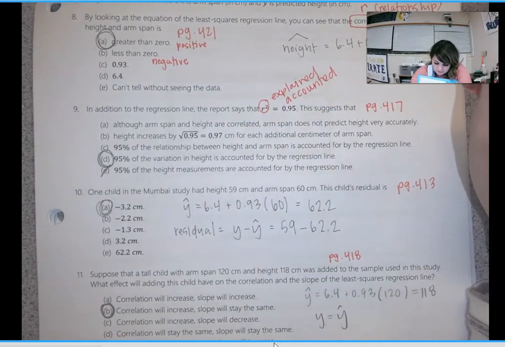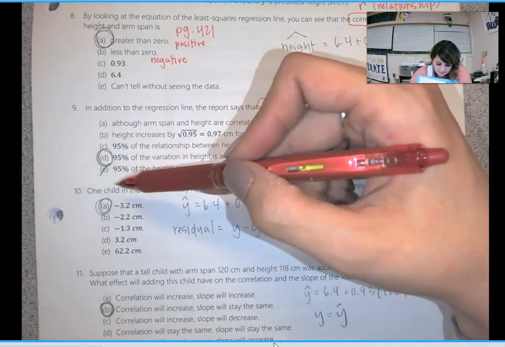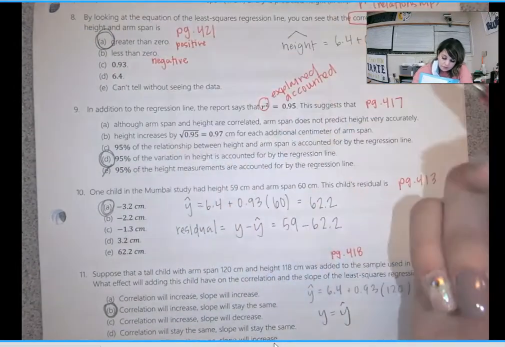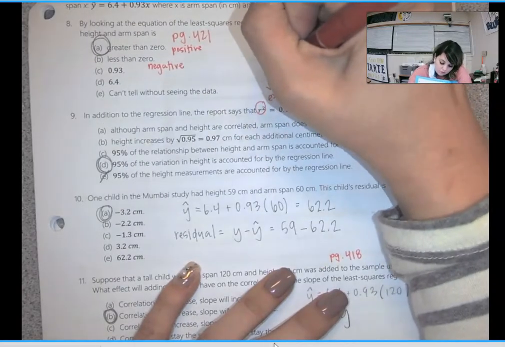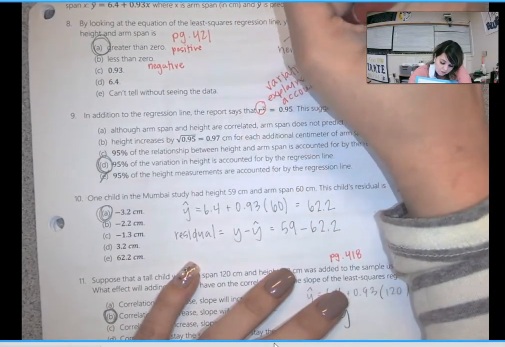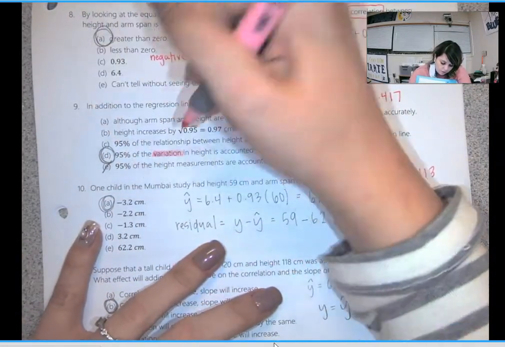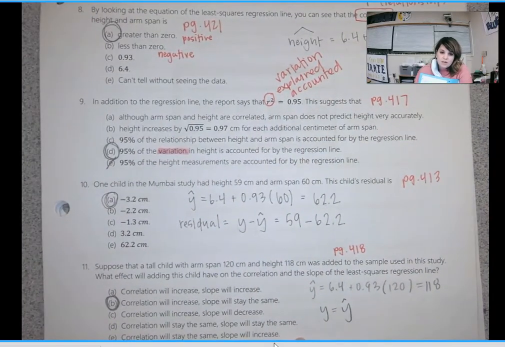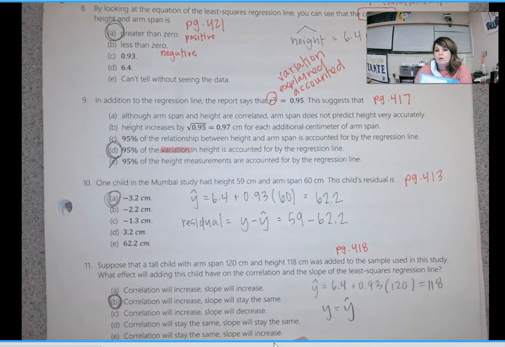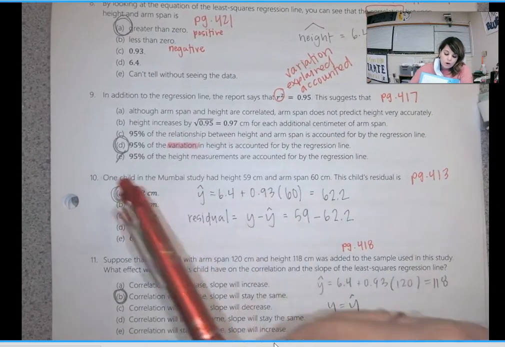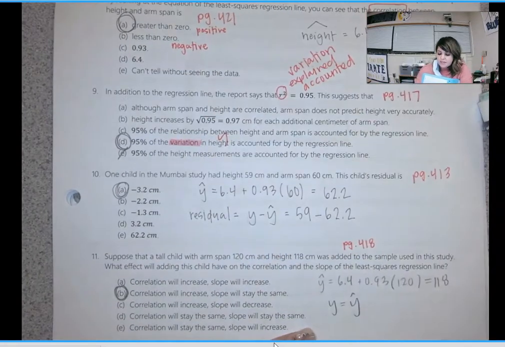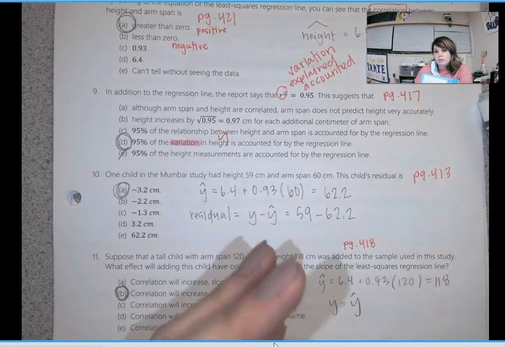And now this gives me C, D, and E as options. So then the last thing, or even maybe the first thing you could have looked for, is the word variation. The only one that includes that description is D. So 95% of the variation in height is accounted for by the regression line. Or 95% of the variation in y is accounted for by the line.